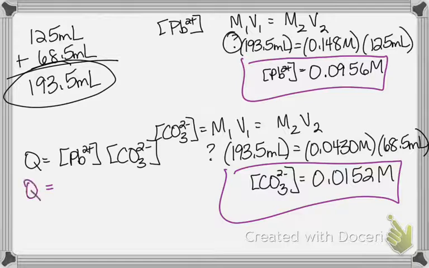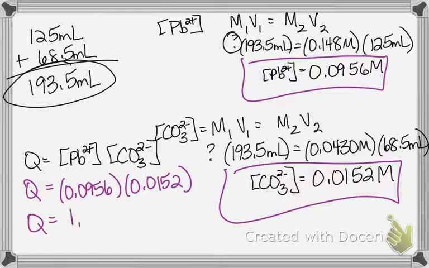So Q is equal to 0.0956 molar times the carbonate, 0.0152 molar. And I get 1.46 times 10 to the minus 3 for Q, the reaction quotient.